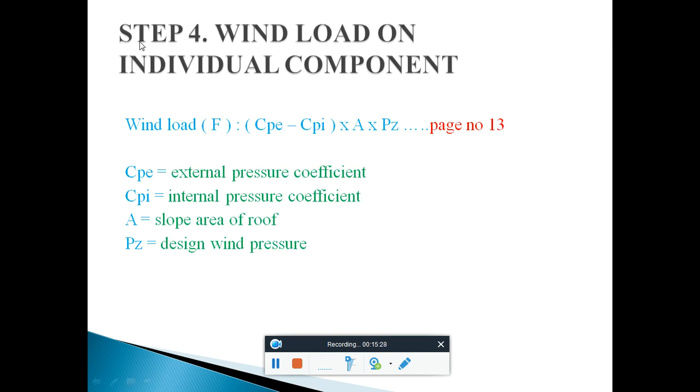Here is the formula: CPE minus CPI into A into PZ. Here we have calculated CPE, calculated CPI, PZ we have also calculated. Now only remaining is A. A is the slope area of the roof. This is the most important part. Many students make the mistake here only.